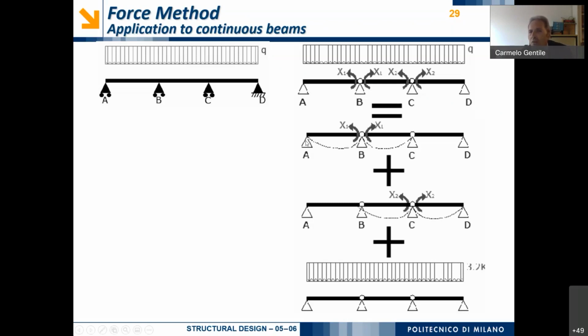So we consider first the situation associated to the application of the redundant bending moment x1. Afterwards, we sum this effect to the effect associated to the action of the redundant bending moment x2, and afterwards we can add also the effect of the applied loads.